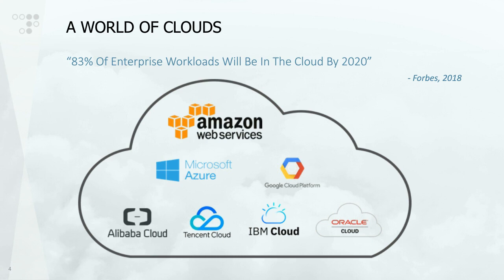Now, some of the key drivers of this migration are, of course, first and foremost, cost, with regards to companies being able to consume services elastically and expand or contract depending on their needs instead of having to make upfront capital investments. But another driver, of course, is the agility and flexibility that the cloud provides.